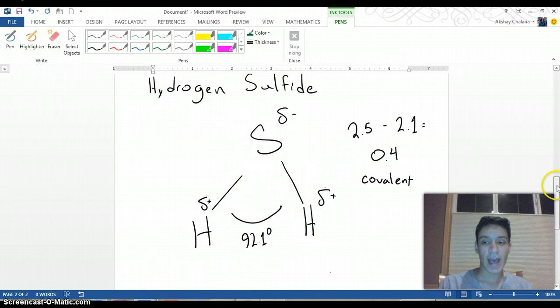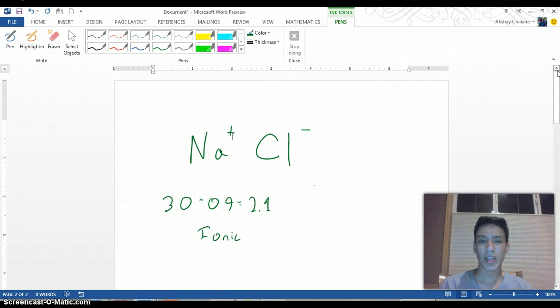We can also look at ionic bonding. I'm going to use sodium chloride as an example. That's table salt. Sodium is a metal, and ionic bonding is always between a metal and a non-metal. Chlorine is a non-metal. Or more specifically, a cation, a positively charged ion, and an anion, a negatively charged atom.